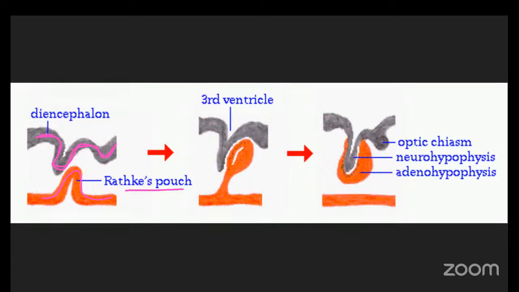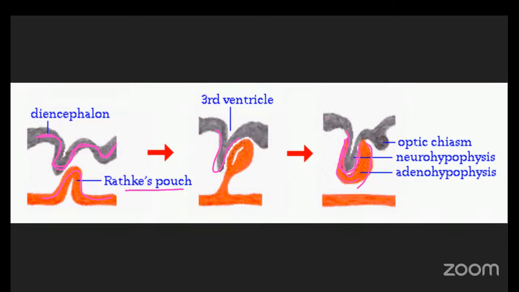If you follow the colors, this ends up making the neurohypophysis, which is the posterior pituitary, right? Whereas Rathke's pouch ends up making the anterior pituitary, which is adenohypophysis.